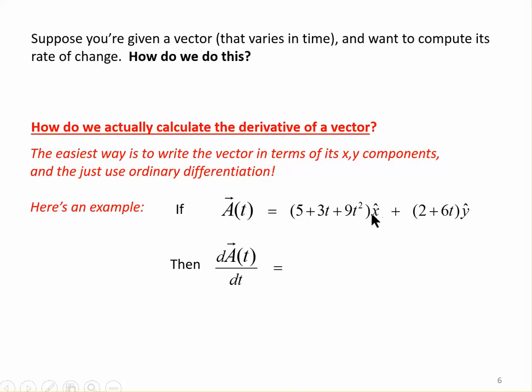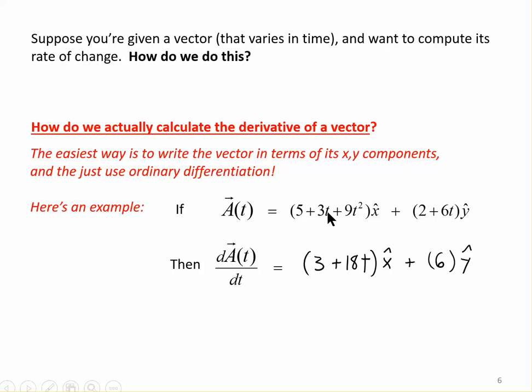First, you look at the x component of the vector, namely this part here, and you just take the derivative of the inside here. So the derivative of 5 plus 3t plus 9t squared is 3 plus 18t. If you don't remember how to get that, you can review the calculus tutorial.